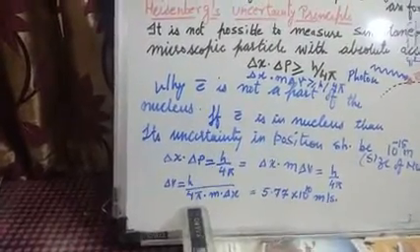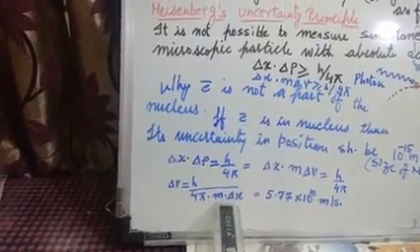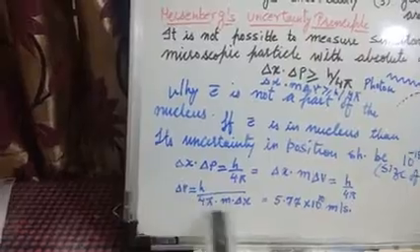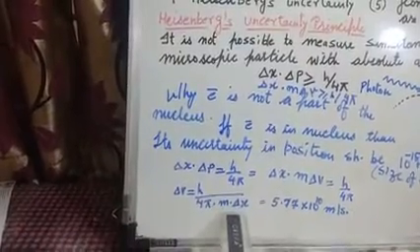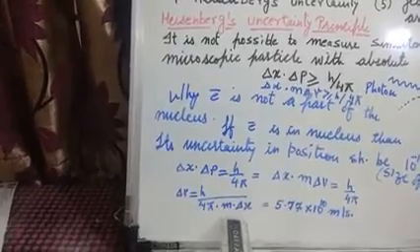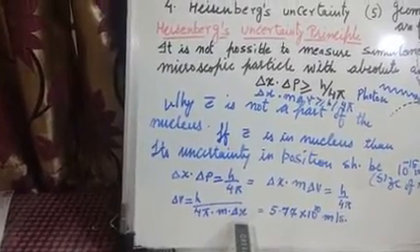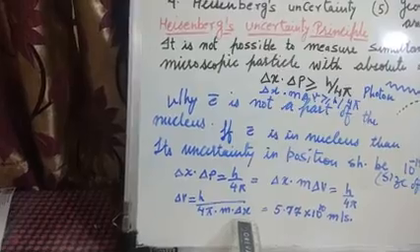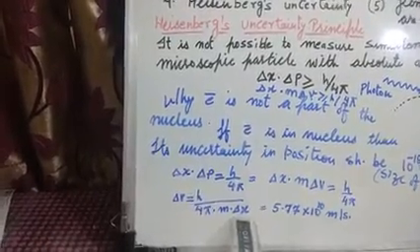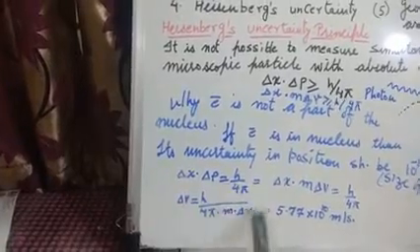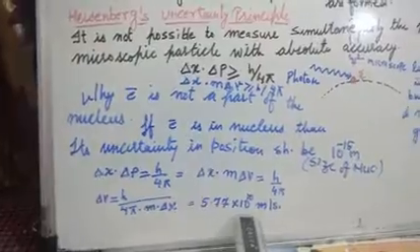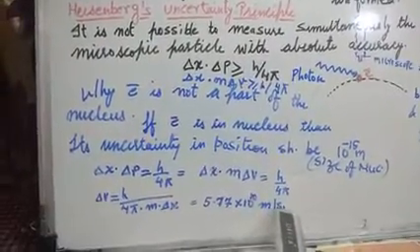Since we are finding the velocity of the electron, the mass of the electron is 9.1 into 10 raised to the power minus 31 kg, and del x we keep as 10 raised to the power minus 15 meters. In this way we calculate del v, and it comes out 5.77 into 10 to the power 10 meter per second.